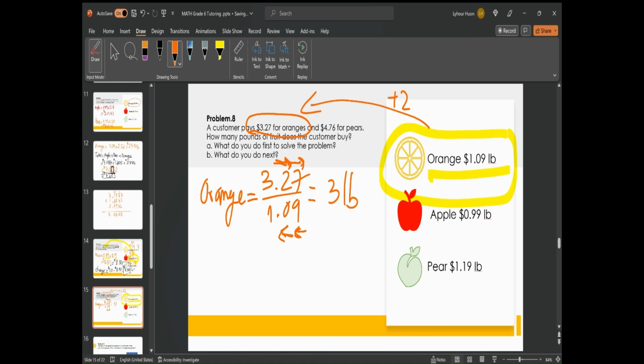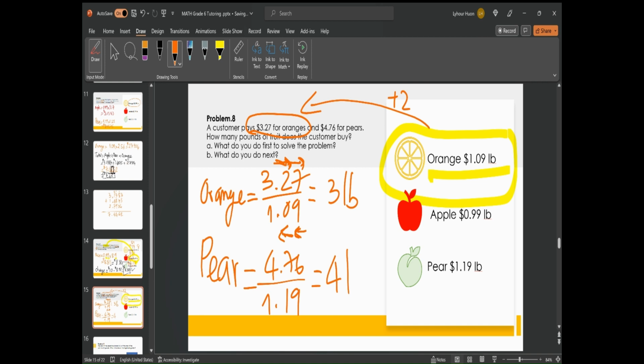Three. But when we multiply, it's not. Maybe 4 divided by one, yes. That's a good guess. So for the pear, 4.76 divided by 1.19, we get exactly 4 pounds.